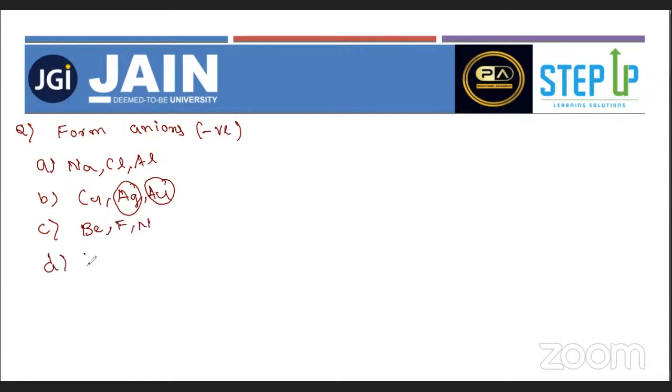We're talking about which set will have the tendency to form the strongest anions. And anions means negatively charged.